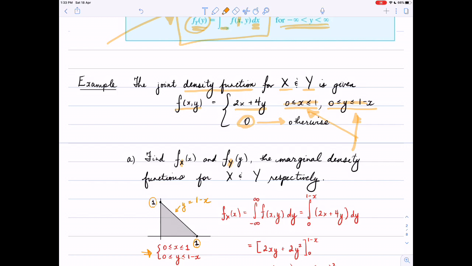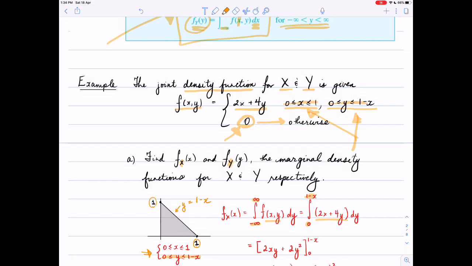So we want to integrate out y. The definition tells us to integrate from minus infinity to infinity. Well, there's a whole lot of zeros in that, so that is like integrating over all possible y values. So y goes from 0 to 1 minus x of the density, which was given as 2x plus 4y dy.